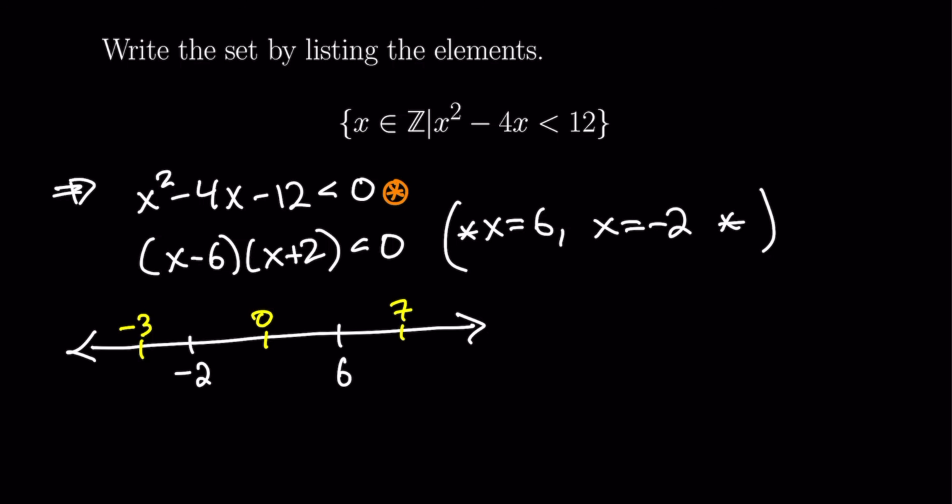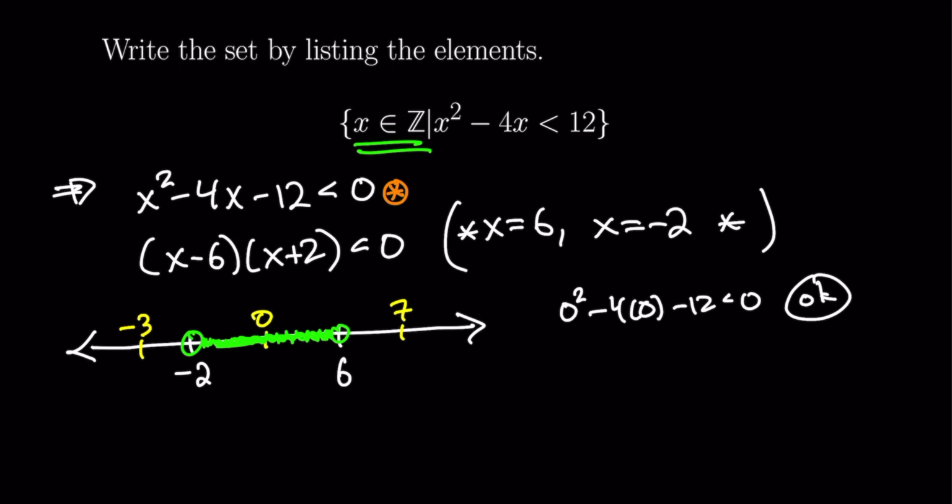Let's check the number 0 first. 0 squared minus 4 times 0 minus 12 is less than 0, so this one is okay. Since that's serving as a representative for everything between negative 2 and 6, we get to include everything between negative 2 and 6. We might write that in interval notation, or graph that as an interval along the real line like this. And later we'll take advantage of the fact that we're really within the integers.